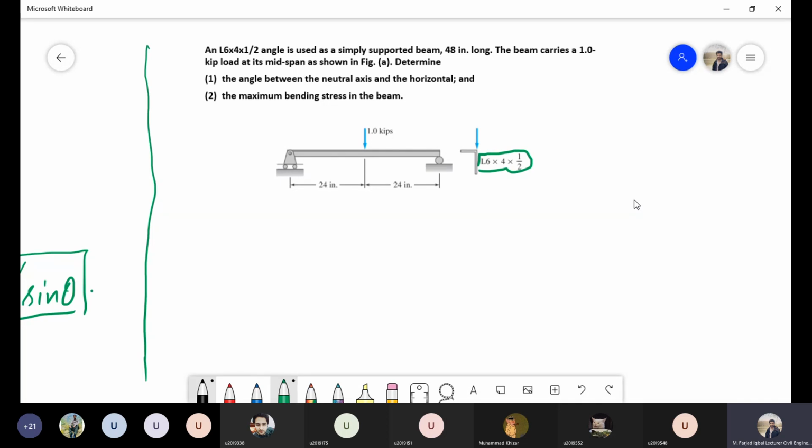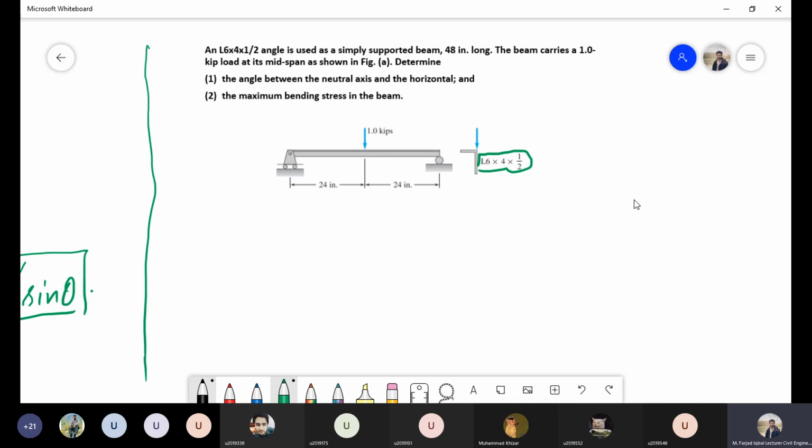Every angle section is a standard section that we use in practice, and each section has some designation. The purpose of the designation is that the properties of the section are summarized in the section tables which are available. If you see the Hibbeler book, you will find that there are section tables provided at the end of the chapter or at the end of the book.